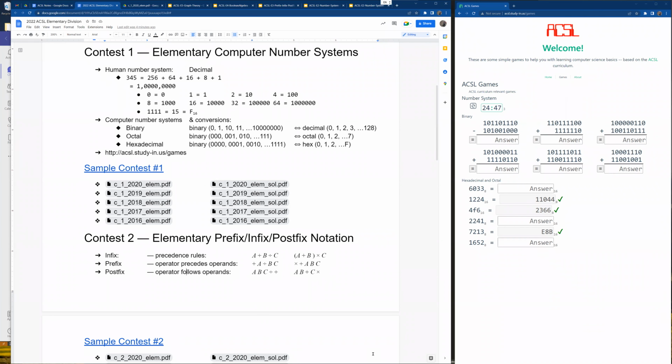In those cases, they will be defined in the problem. They'll tell you exactly what that operator does.